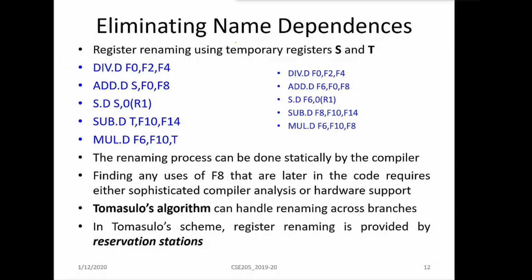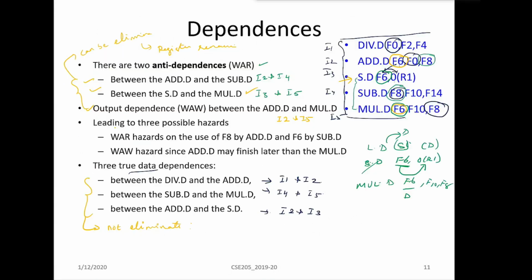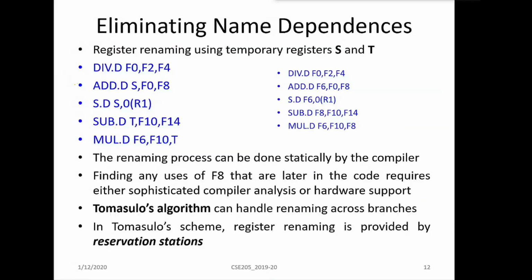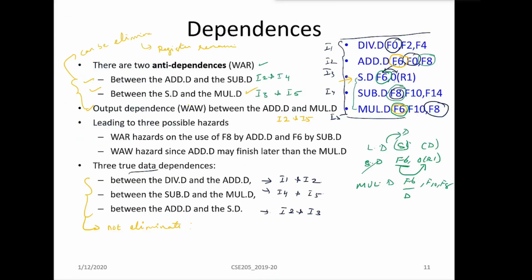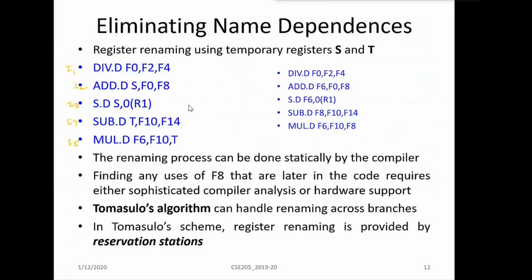Here, assume they have gone for some temporary registers. Where are the places? I2, I4. This is I1, I2, I3, I4, and I5. Here we have the register F8, F8, but there is no data dependence.